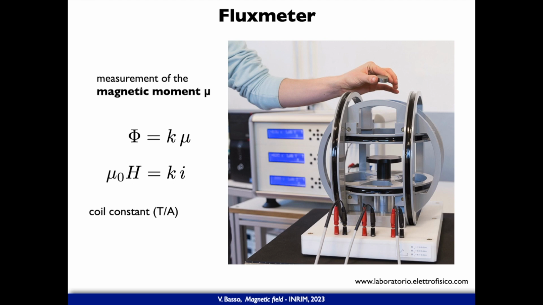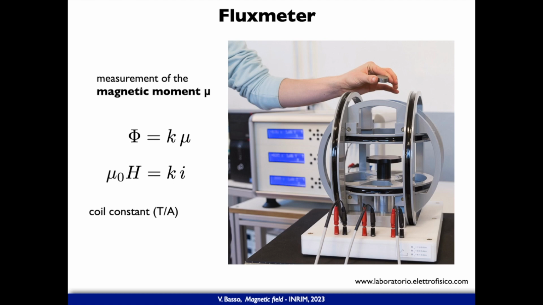One point is to use the reciprocity property of electromagnetism. If we have a coil, this coil constant makes the relation between the current and the magnetic field, but the same coil, the same constant, gives also the relation between a magnetic moment that is put inside and the concatenated flux.